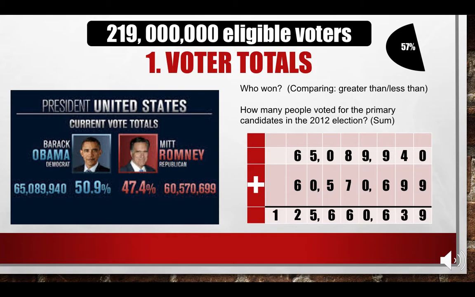If we had a little more time today, I would make you calculate the percentages of how many people were able to vote versus how many people voted. But if you look at the top of the screen, in 2012 only 57% of the people who could vote actually went out and voted. That's just over half. This speaks to how important it is for you to exercise your right to vote.